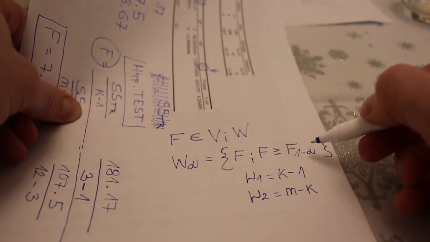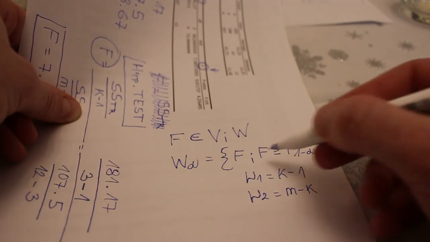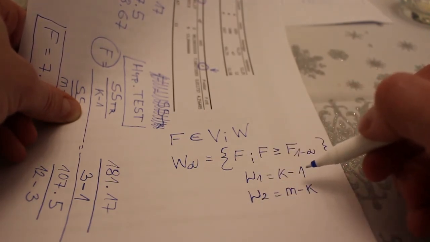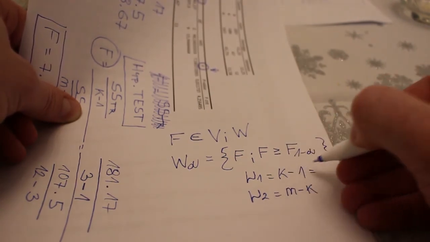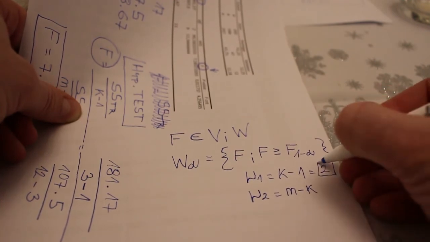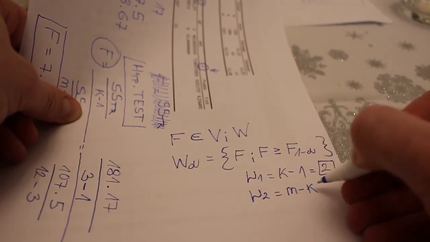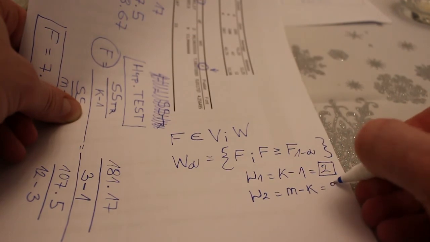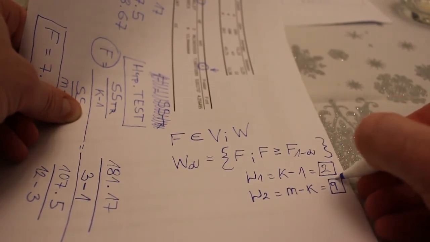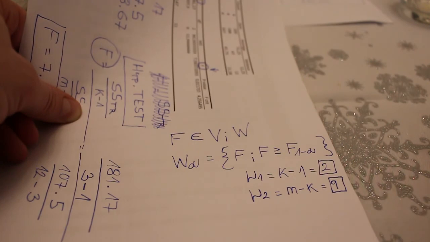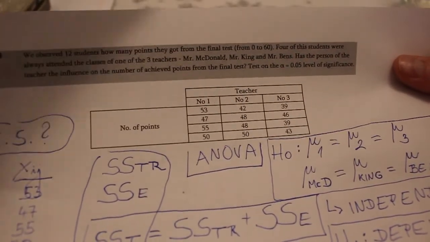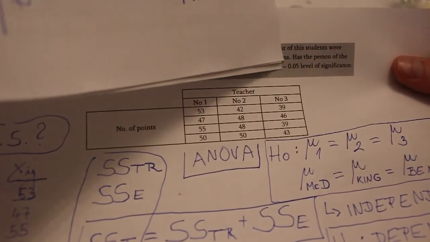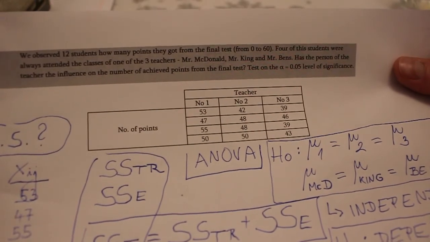This is the Fisher-Snedecor distribution using 2 degrees of freedom, nu1 and nu2. So in this situation, 3 minus 1 is 2, and 12 minus 3 is equal to 9. So 2 and 9 degrees of freedom, and there was written here that we must test at the alpha 5% level of significance.